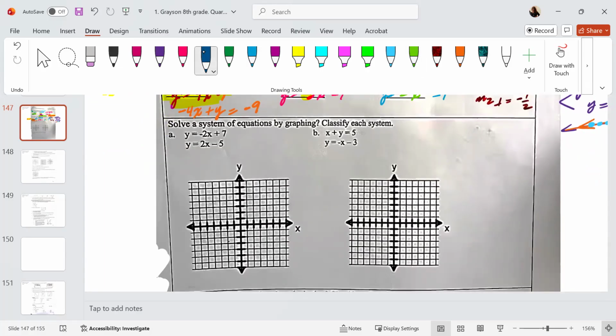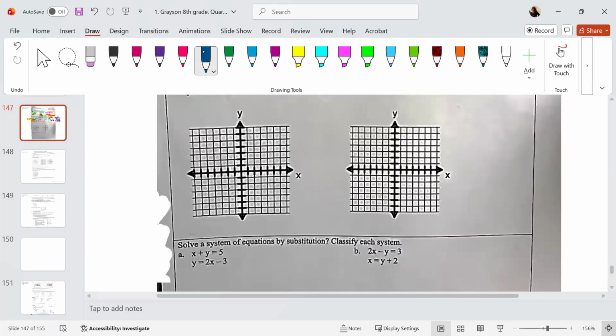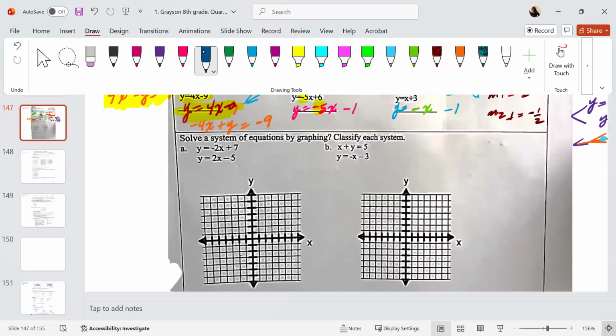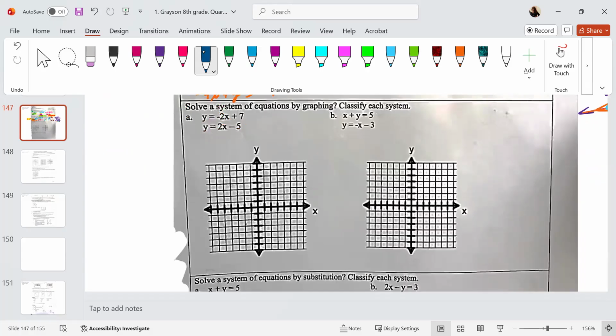All right, A. Let's go. Solve a system of equations by graphing. Okay, so let's explain graphing. Let's look at the first equation. First equation is right here in blue. How do I graph it? Start with the b. And what's your slope?